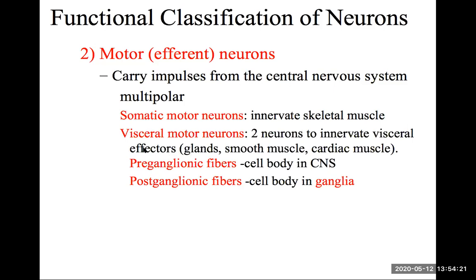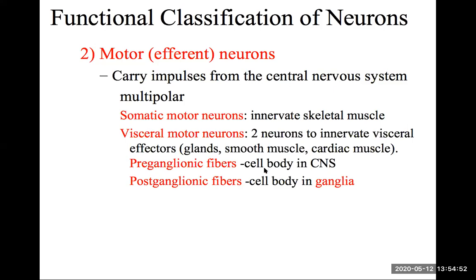The effector could be a gland, smooth muscle, cardiac muscle, right? Remember, we're not looking at skeletal muscle because that would be somatic. So let's say this information is traveling to, say, smooth muscle of the small intestine. By stimulating the smooth muscle in the small intestine, you're going to have peristalsis occur. If you don't remember what that is, go back to digestion.